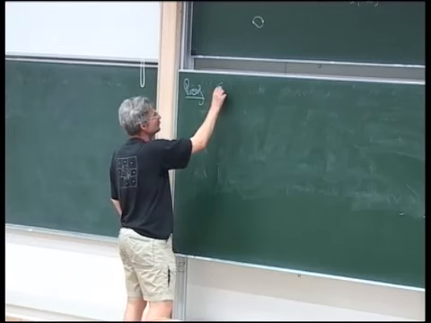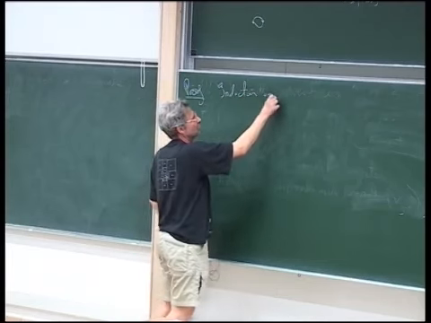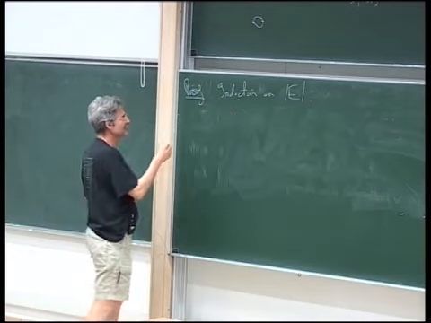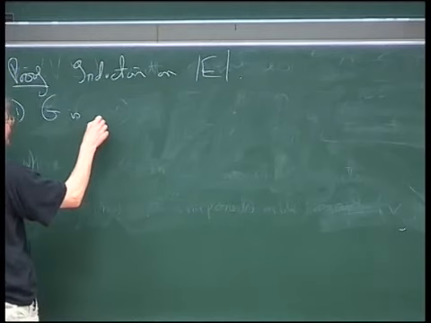So we use induction on the number of edges. So the first case is G is a tree.